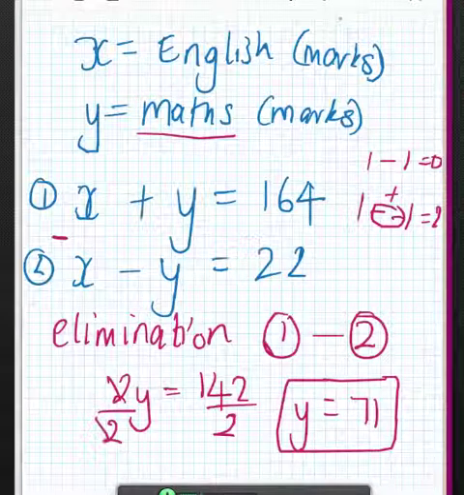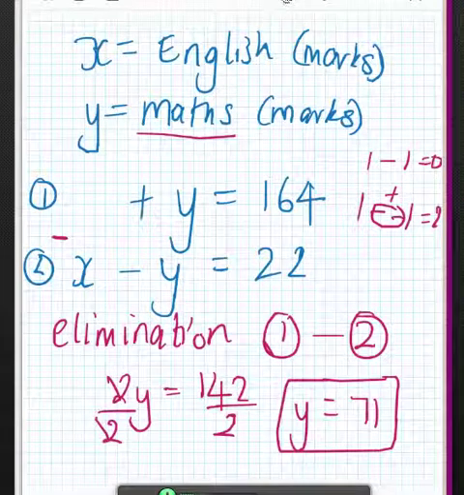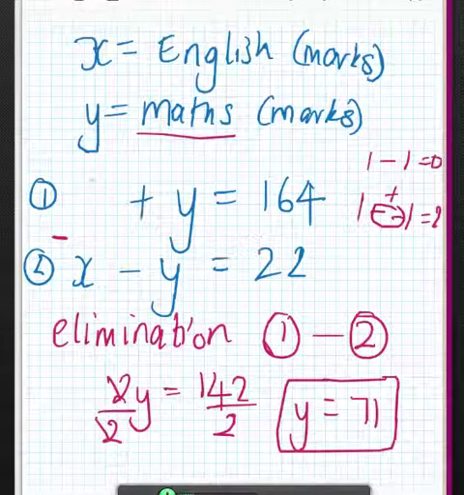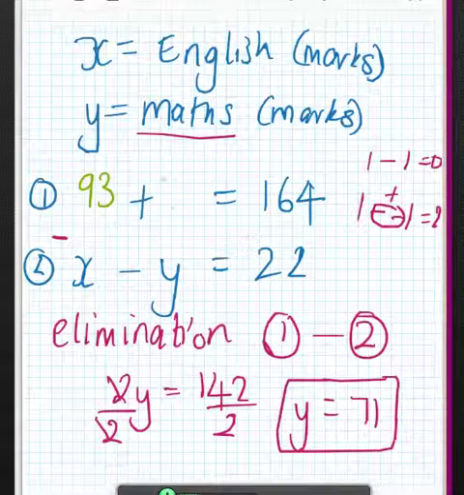And instead of x, we got a result of, I'll put this in a different color. So x was our English score, and we got a result of 93. Sorry, I mean 93. There we go. And our y, which was our maths marks, was lower, and we got a score of 71.